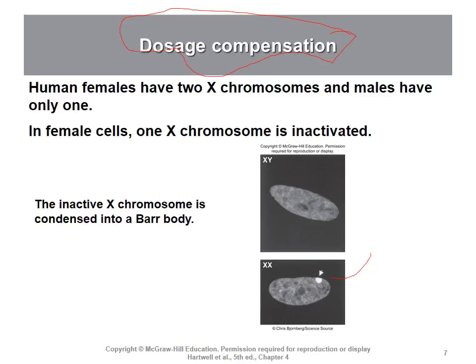The way it happens in humans is by inactivating one of the X chromosomes and forming a bar body, which represents a condensed inactive X chromosome. We can recognize it by staining using a chromosome stain or nuclear stain, and we see that the bar body usually moves to the periphery of the nucleus. This usually does not occur in males because males have only one copy of the X chromosome.